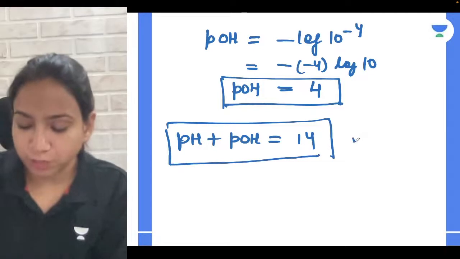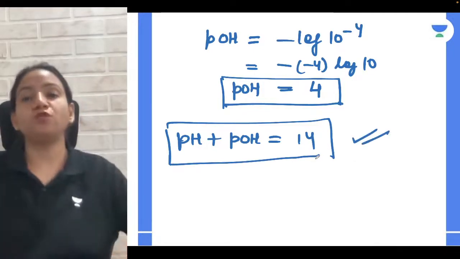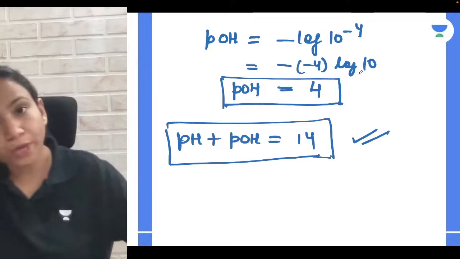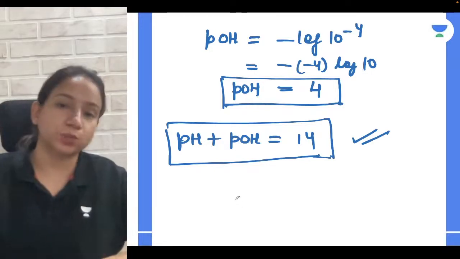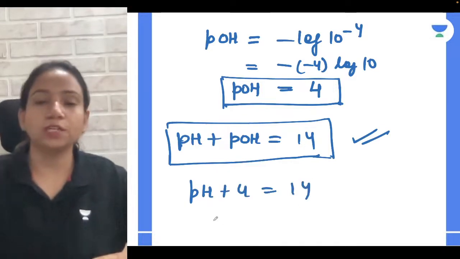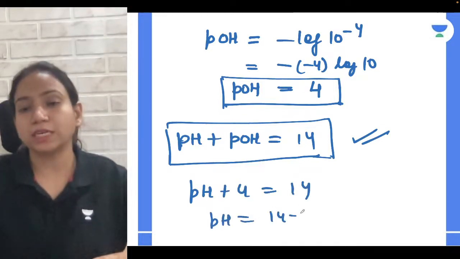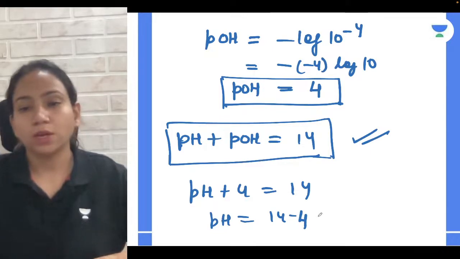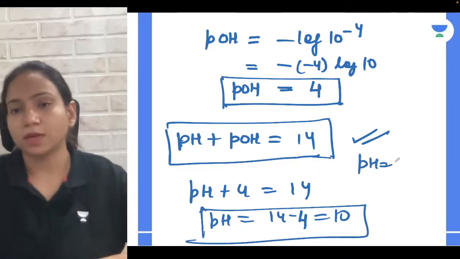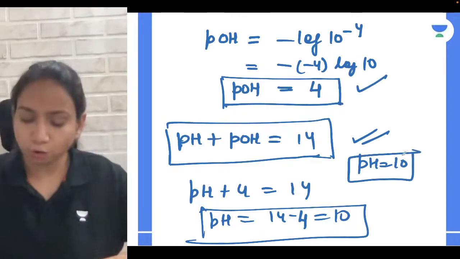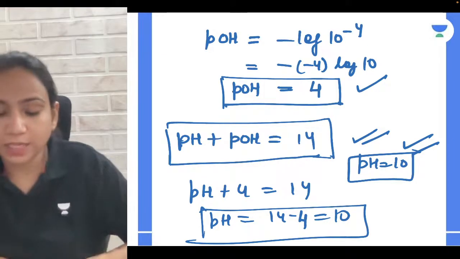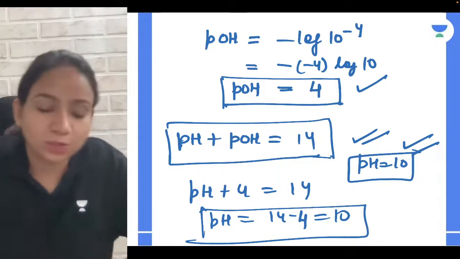So if you have found the pOH for the base, you can find its pH as well. How? pH plus 4 is equal to 14. So pH is equal to 14 minus 4, which is equal to 10. So pH 10 means it's a base only, no? Tell me guys, its pOH is 4 and its pH is 10.